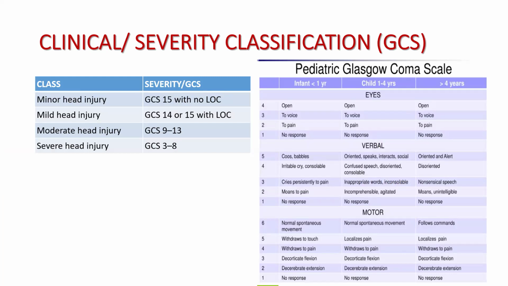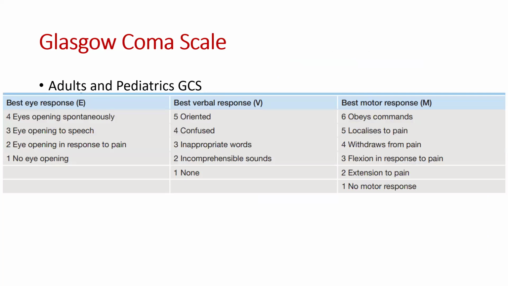Okay, the first one is for adults. So if you say adult and pediatric GCS, with this one, if you have a 5 months old baby, you will not be able to assess that verbal response. You will not be able to tell whether the kid is confused or is using inappropriate words. So this is for the adult, isn't it?